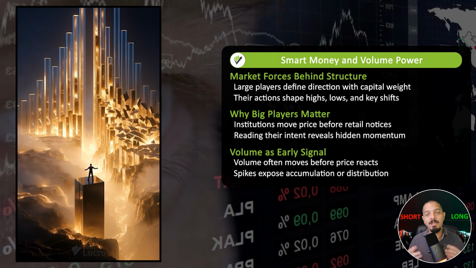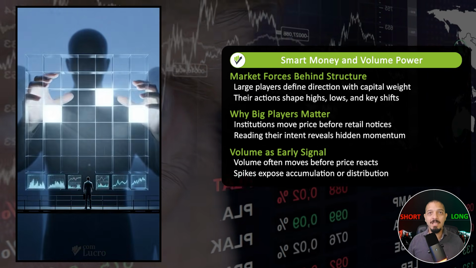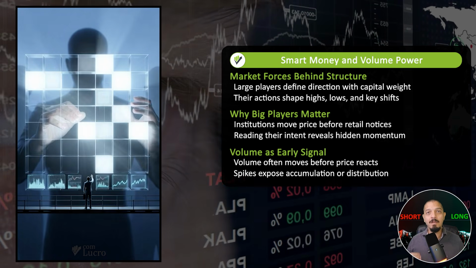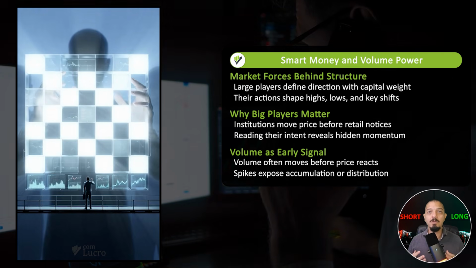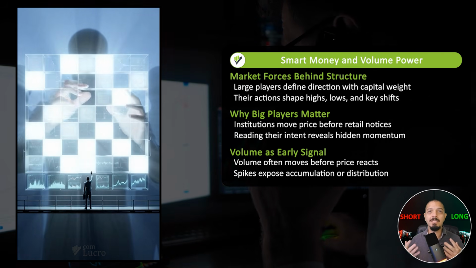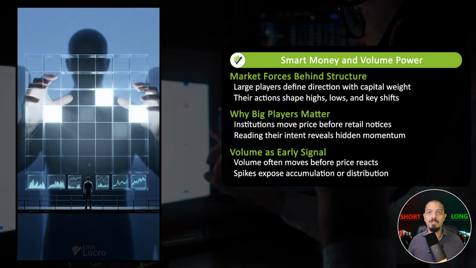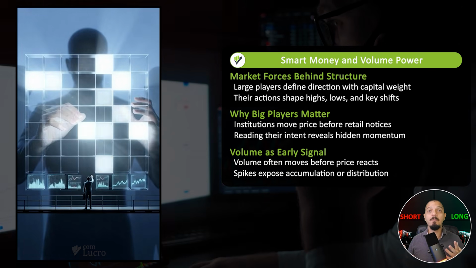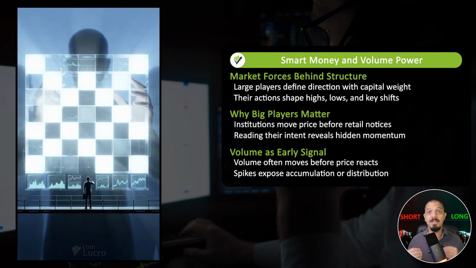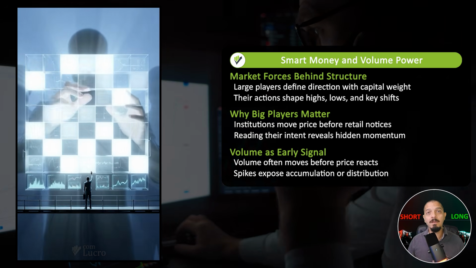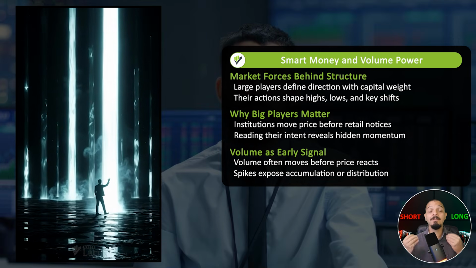Large players, such as institutional investors, hedge funds, and banks, play a pivotal role in shaping the market structure. Their substantial capital and strategic trades can significantly influence price direction and market dynamics. By understanding their behavior, traders can gain insights into potential market movements before they become obvious to the general market.